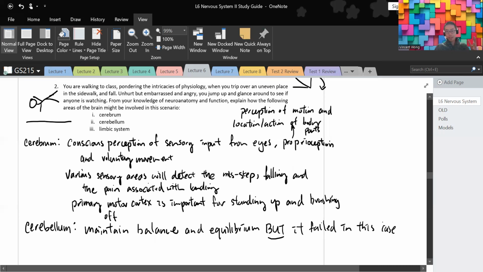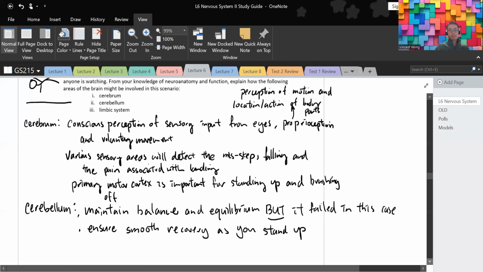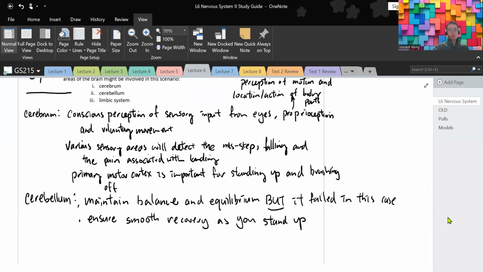If it was working perfectly, you would be able to regain the balance before falling. So what else does it do? Well, in getting up from the fall, the cerebellum would ensure smooth recovery as you stand up. Okay, as you're standing back up. That's pretty much it.